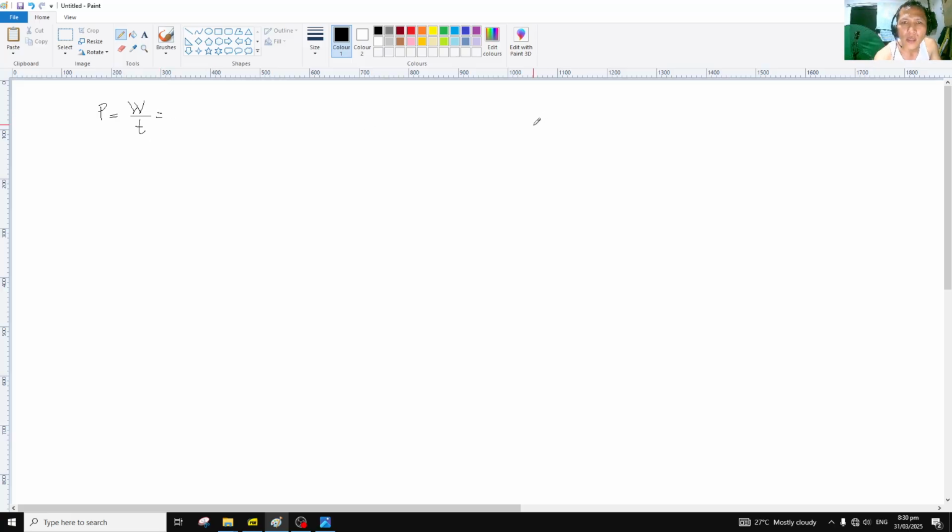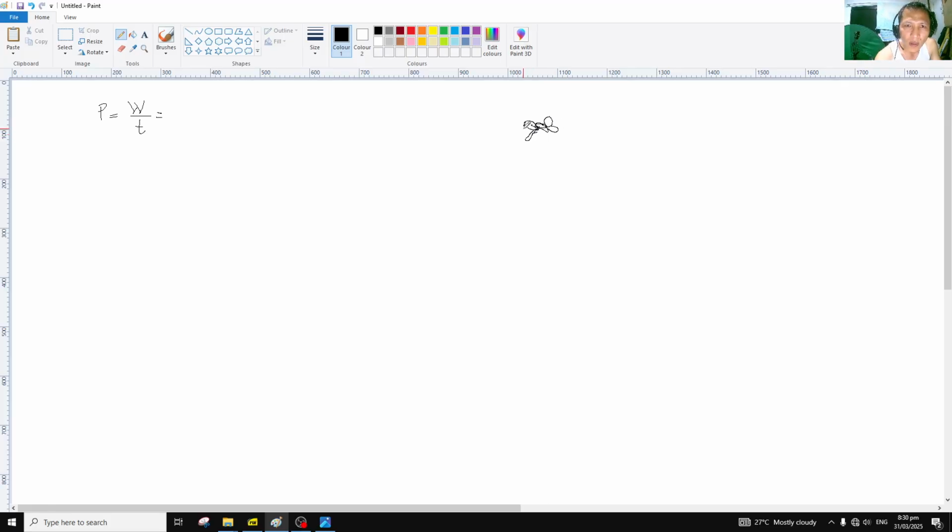So, meron kang insect. Meron siyang wings. Diba? Flina-flap niya ito pababa, which gives it work. So, meron ditong flap niya mula rito hanggang dito. Diba?